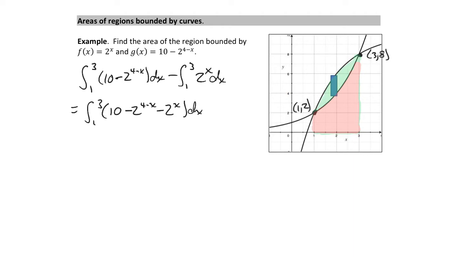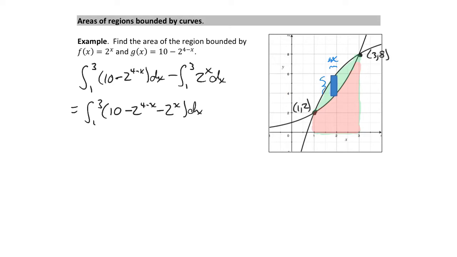Now, I have drawn here a nice little rectangle, if I do say so myself. What is this rectangle representing? Well, this rectangle represents an approximation of the area of the region that I'm trying to find. In fact, it represents the thickness, which we would call delta x, multiplied by the height.